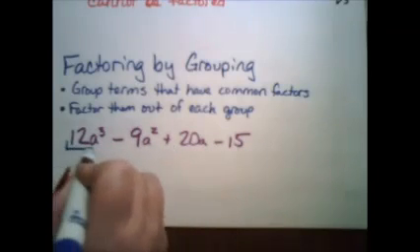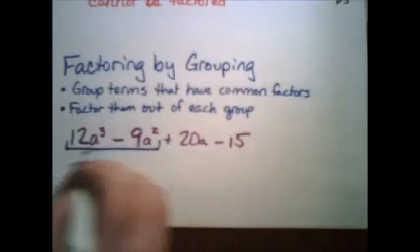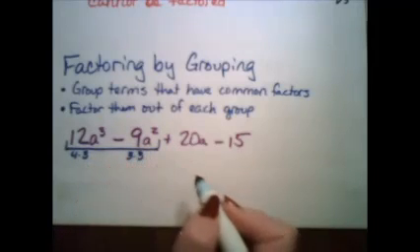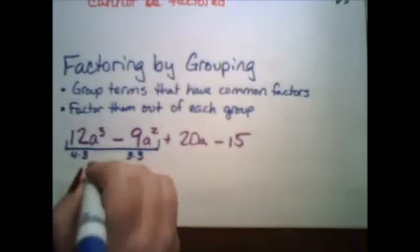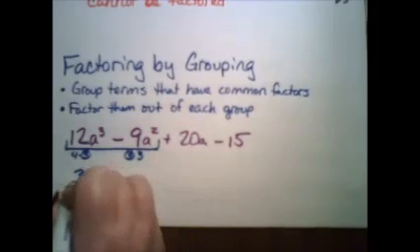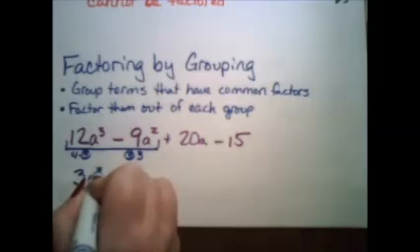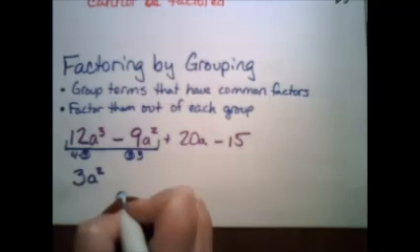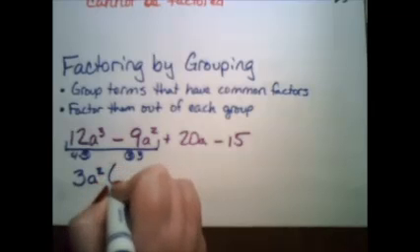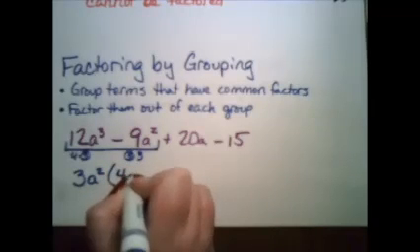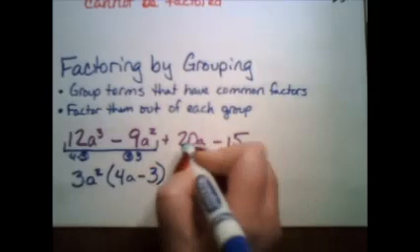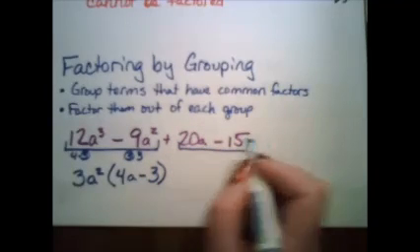So let's just look at these two. This is 4 times 3 and 3 times 3, and there's 2 a's. So if we pulled a 3 out and an a squared, we are left with 4a minus 3.